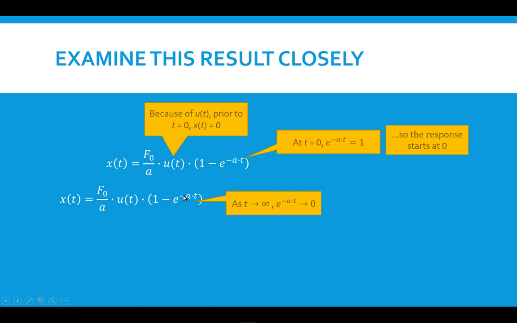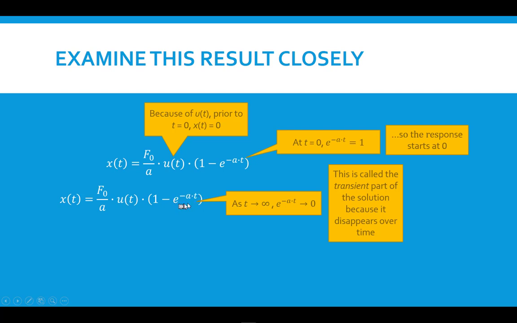It's 1 at the start, and then it drops down to 0 exponentially. And because this term dies off as time goes on, it's not part of the steady state solution, as we say. It's the transient part of the solution. Transient meaning that it's there at first, but then it goes away as t increases to infinity.